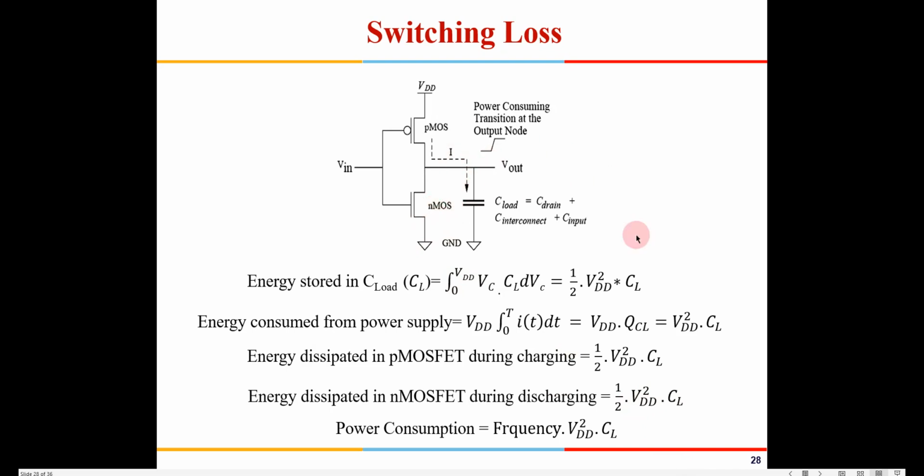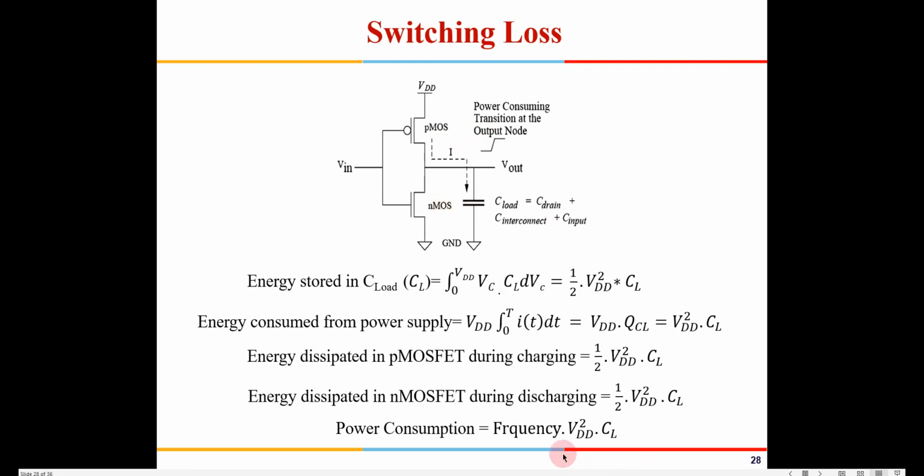So you have to take care of these issues. Now in terms of power, power is energy into frequency, the number of cycles per second. If you multiply by the frequency, you get frequency times VDD square times CL. That is the power consumed by this inverter.